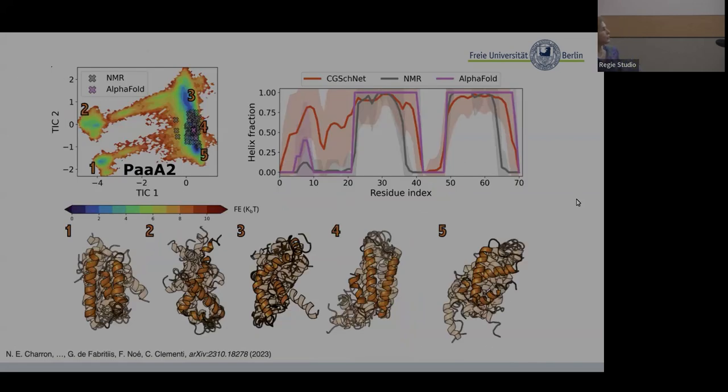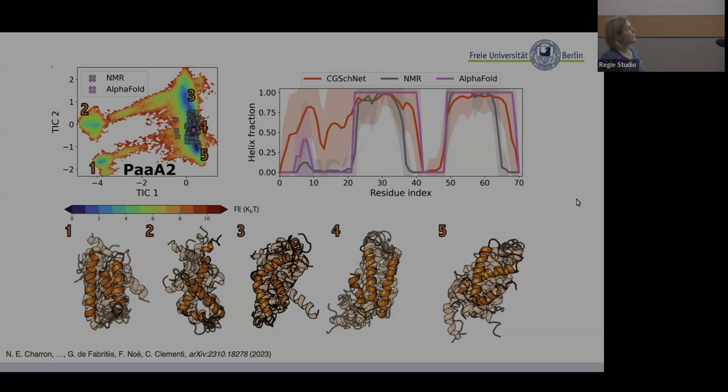We can do intrinsically disordered proteins because we are not limited by the time scale. So we can explore the full energy landscape of an intrinsically disordered protein. These are proteins for which there is no stable, folded, well-ordered state. The protein is very flexible and can explore different states.